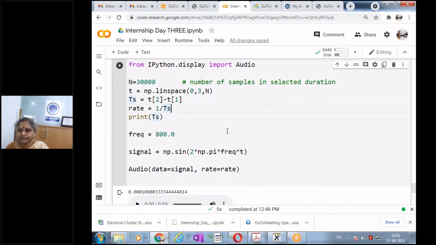Have you typed it in? Are you typing it?